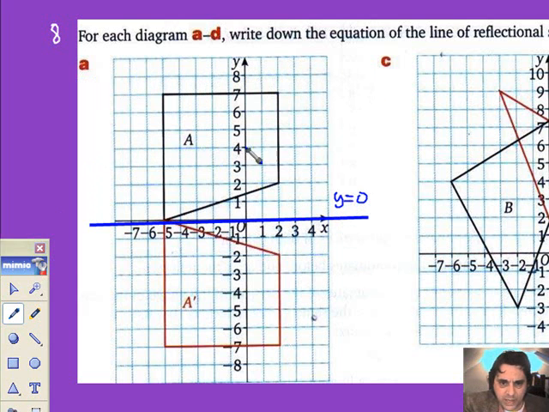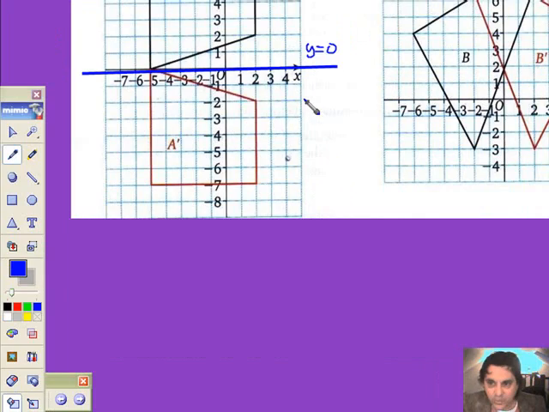This will be the line y equals 4. This will be the line y equals -4. And so this is going to be the line y equals 0, because all the y parts of each coordinate are 0. So for example, 1, 0, 2, 0, 4, 0, y is 0. So get this into your head then. The y-axis has an equation of x equals 0, but the x-axis has an equation of y equals 0.